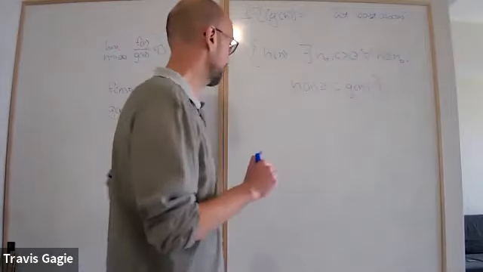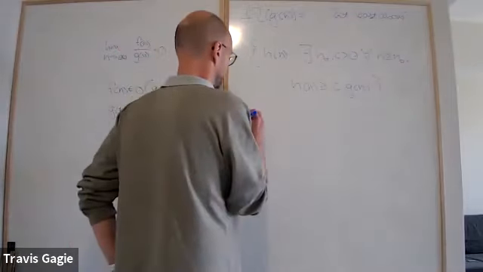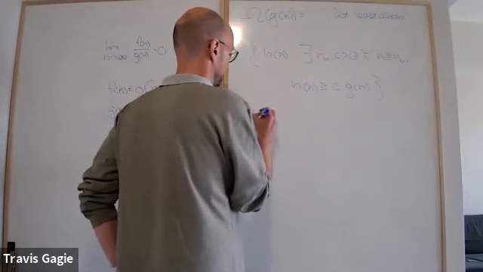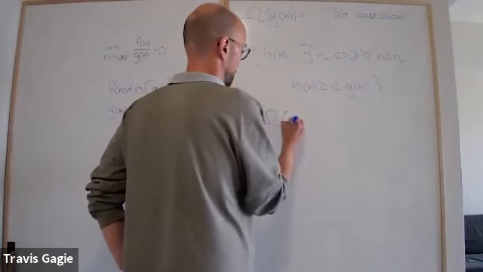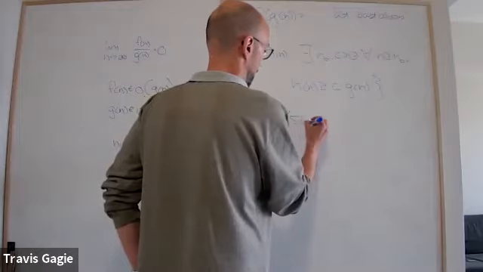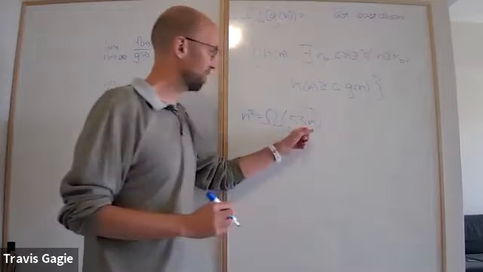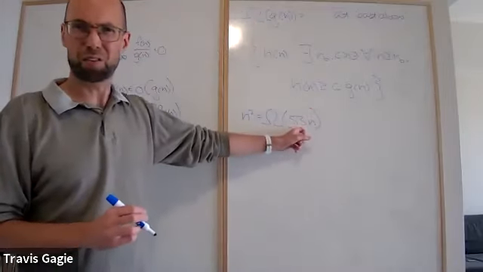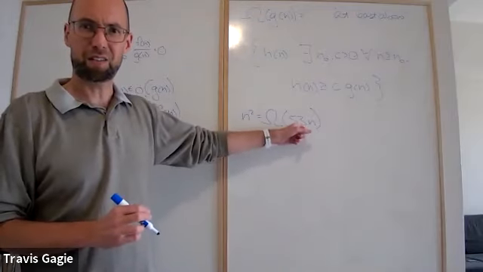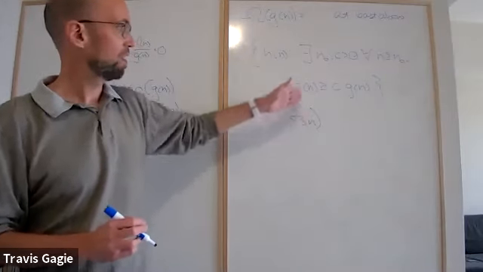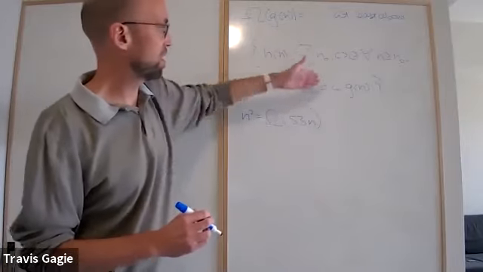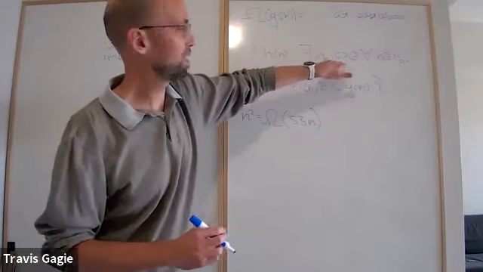Okay, so for example, I want to say that n squared is in big omega of 53n. And notice that usually you don't write a constant coefficient in here, because it just gets eaten by this c.